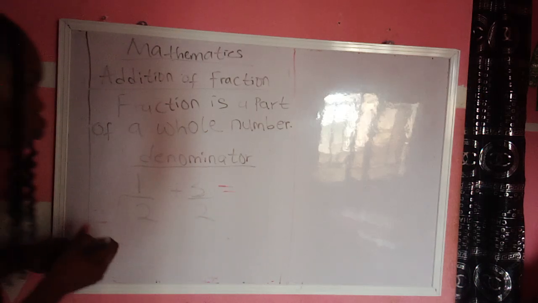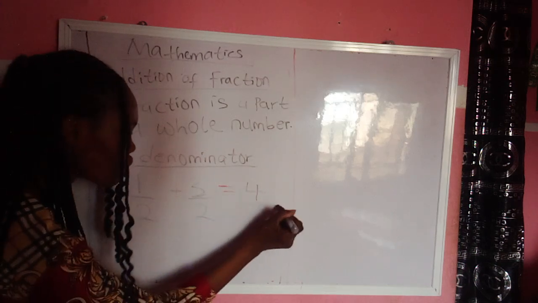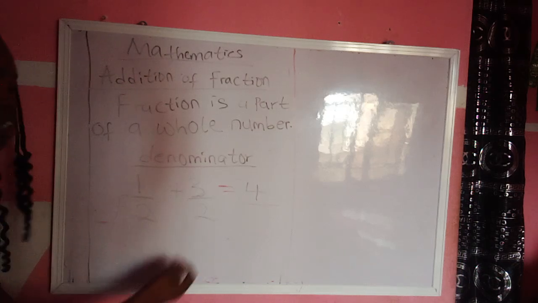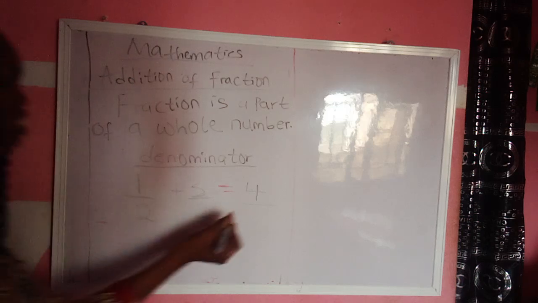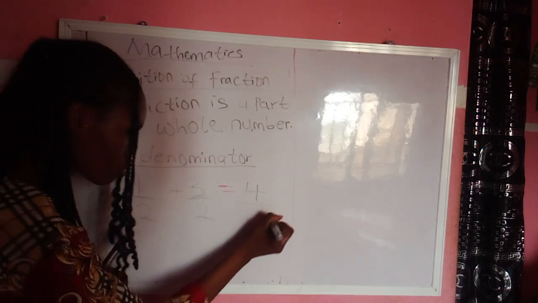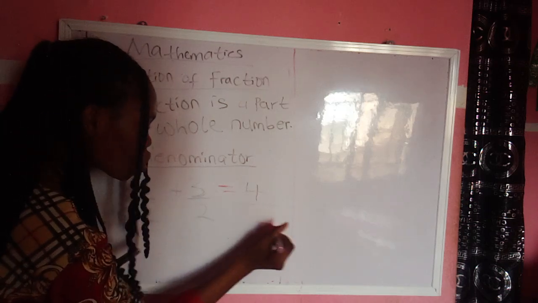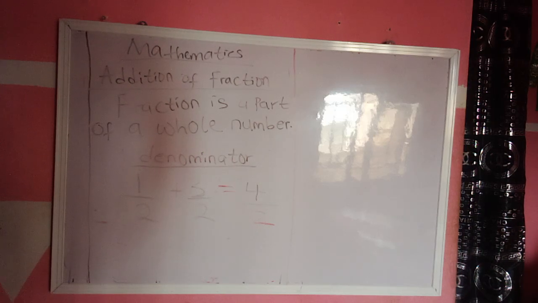So we'll now write 4 and draw this line. Then we have 2 here, we have 2 here. We'll just take 2 and put here, and we've gotten our answer. So we'll just write 2. Are you seeing it? We write 4 over 2. Can you see it? So this is how you add fractions with the same denominator.